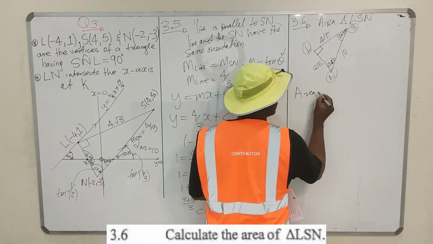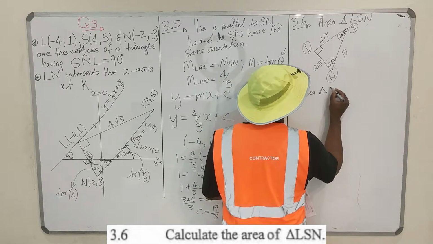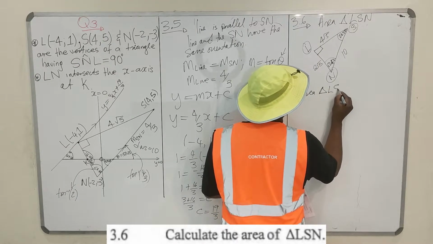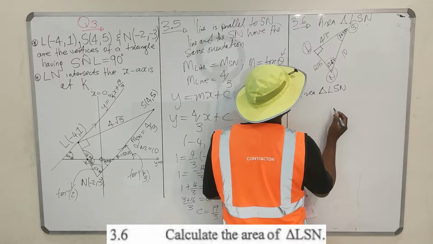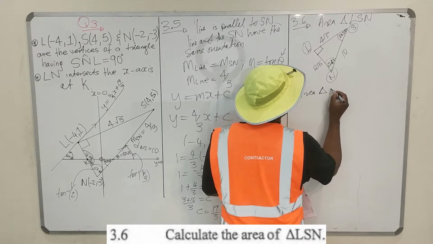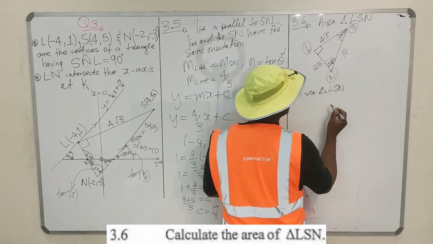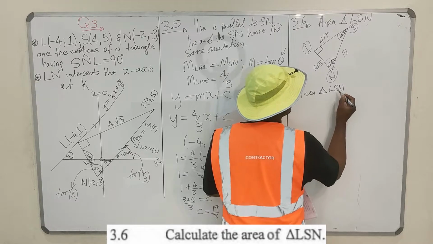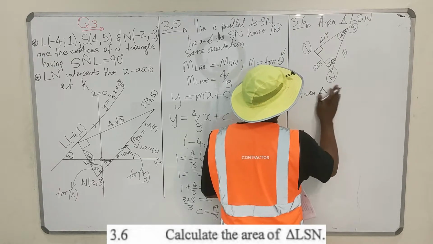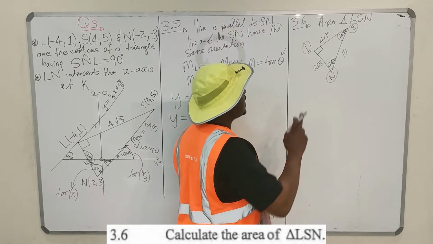Area of triangle, let's say LSN, right? Actually, let me do it like this. Let's say LSN is fine, right? You can use angle L. So you want the area of this.